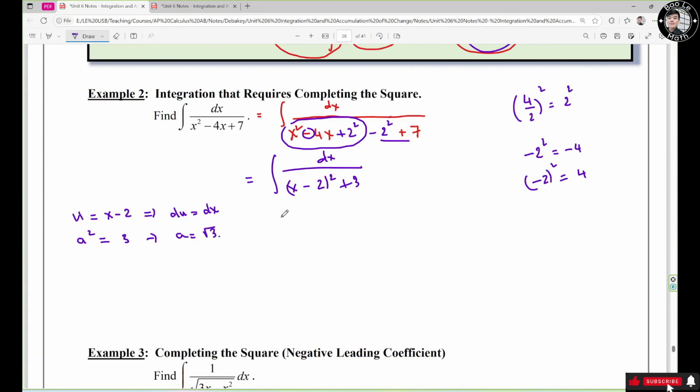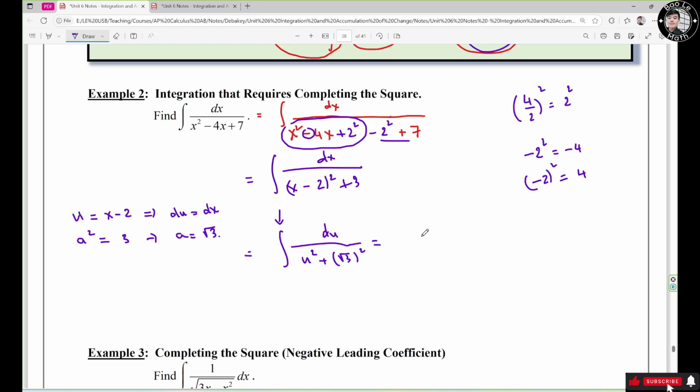So this becomes the antiderivative of ds, which means du, and s minus 2 means u. So I have u squared plus a squared equals 3. So a equals square root of 3, so I cannot write square root of 3 all together squared.